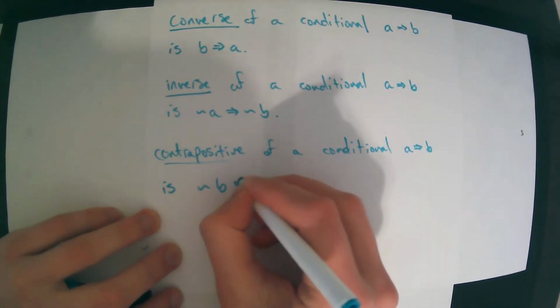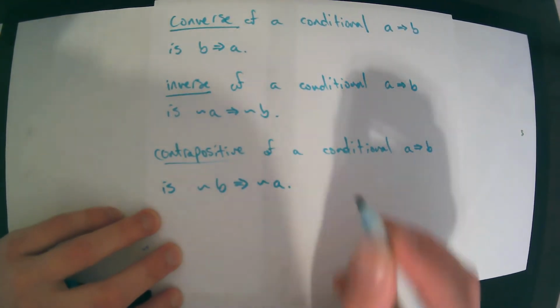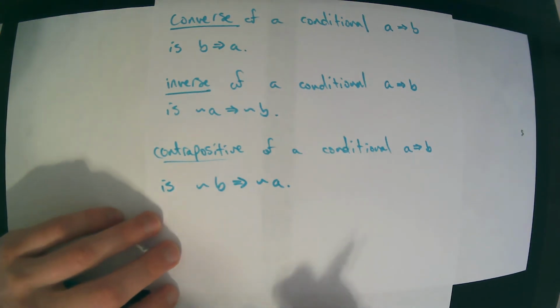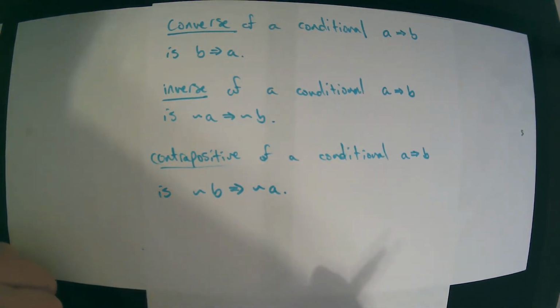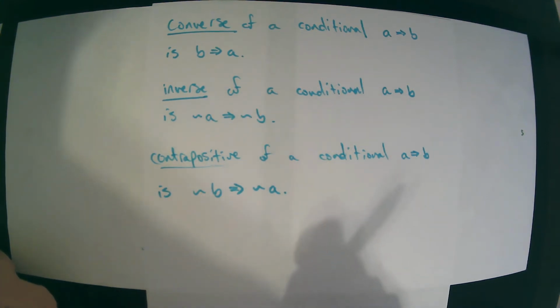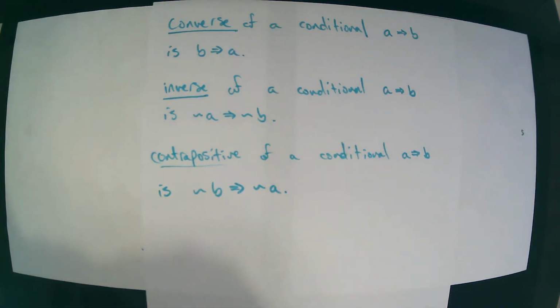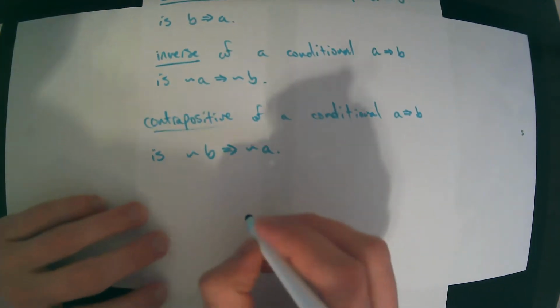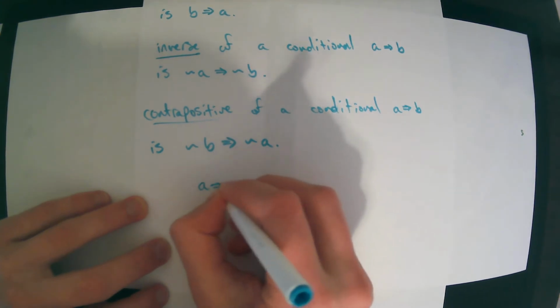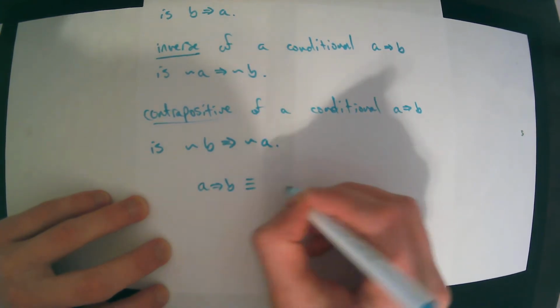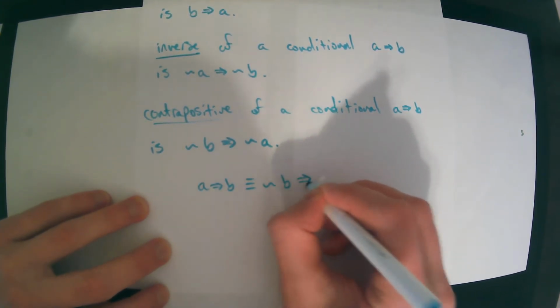Not B implies not A. And it may be hard to tell, but A implies B is actually the same as not B implies not A. What I'm saying here is A implies B is logically equivalent to not B implies not A.